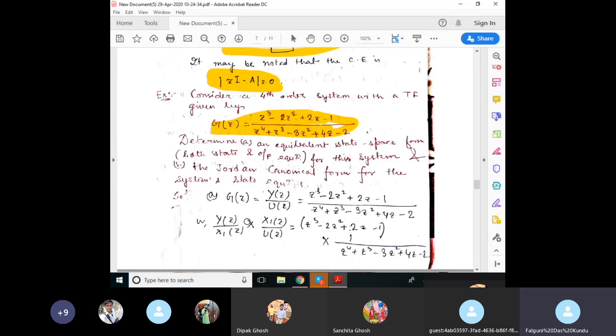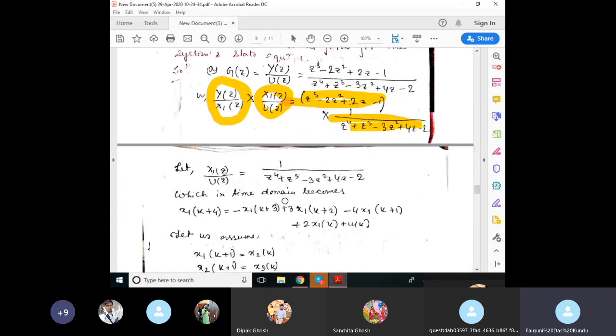So we divide Y(z) by X1(z), therefore we multiply X1(z) by U(z). This is known as the numerator part, and this is known as the denominator part.